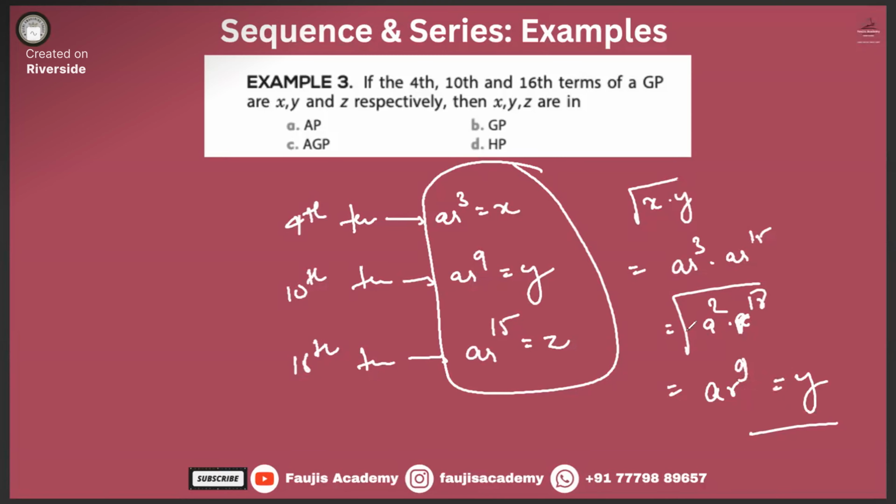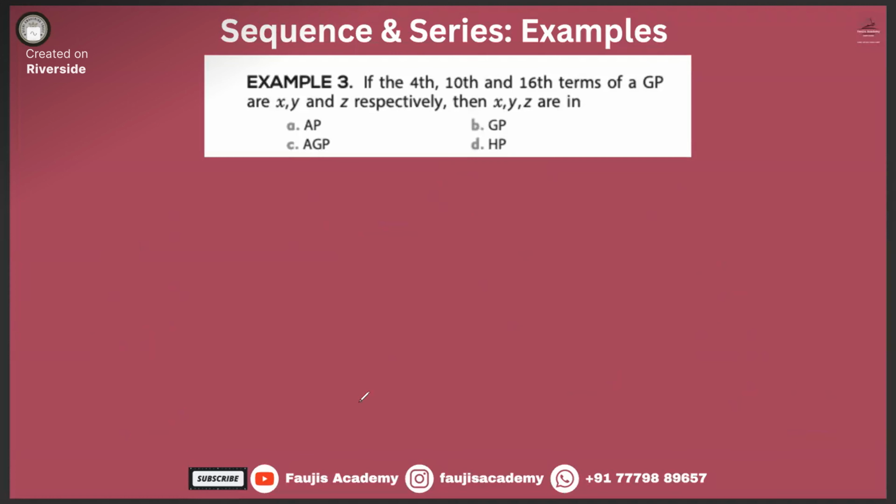Yes, sir. In ABC, if B squared is equal to AC, it is in what progression? GP, sir. Yeah, GP is the correct one. Last question.